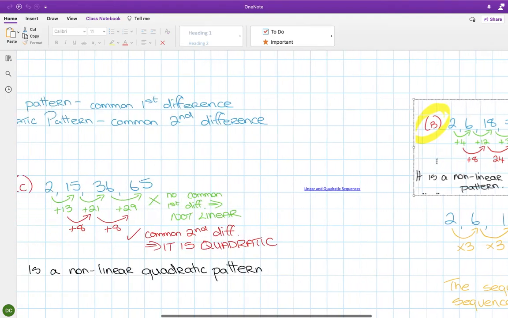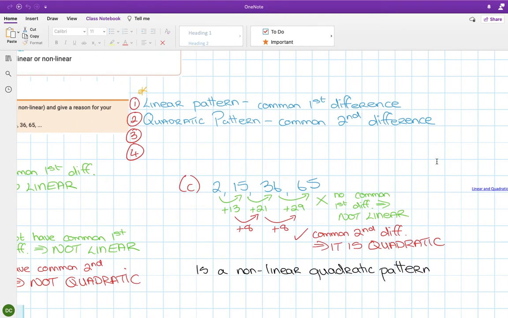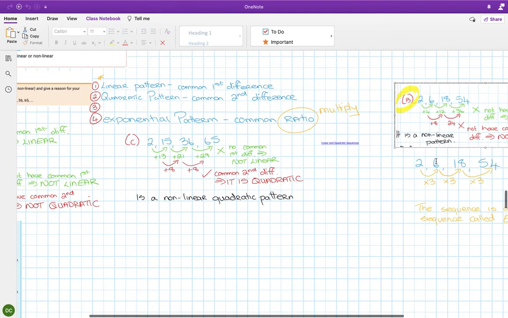Okay, and back over here, I said I'd teach you 4. That's 3 of them. Okay, it's called an exponential pattern.